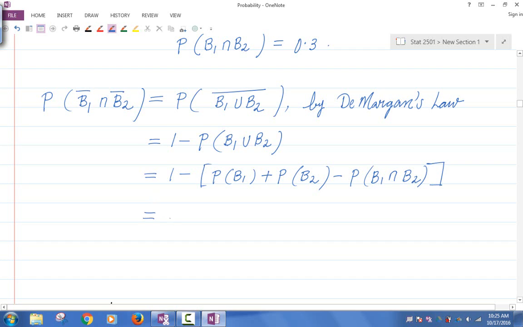So this is 1 minus, we know that this is 0.5 plus 0.4 minus 0.3. And what is that equal to? 0.4. Okay.